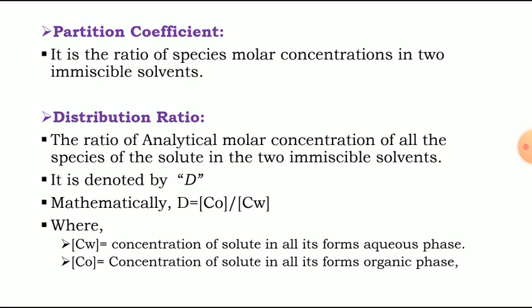In this case, the analytical concentration of Cw is the concentration of solute in all its forms in the aqueous phase, and the analytical molar concentration Co is the concentration of solute in all its forms in the organic phase.